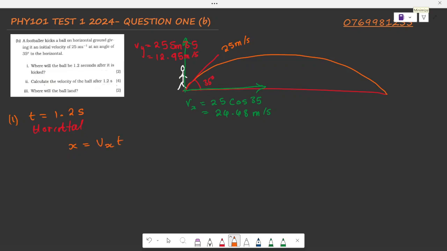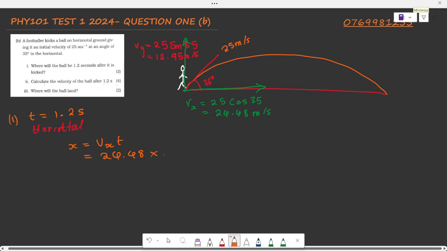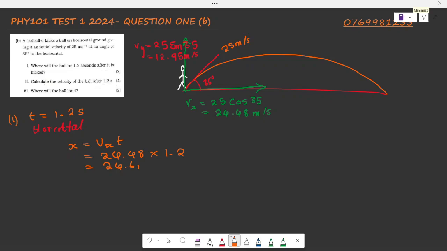The displacement along the horizontal axis is always equal to Vx t, and we have already calculated our Vx to be 24.48, and our time is given as 1.2 seconds. If we calculate this, we get a value of 29.4 meters in the horizontal axis. So this is 29.4 meters away from the footballer.